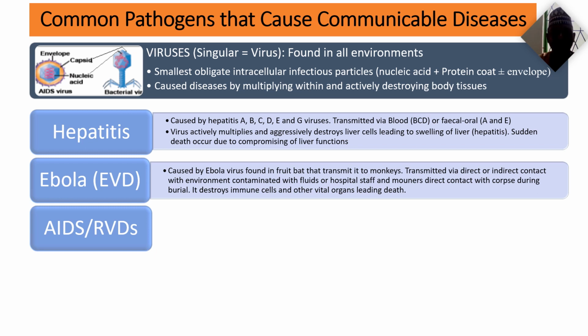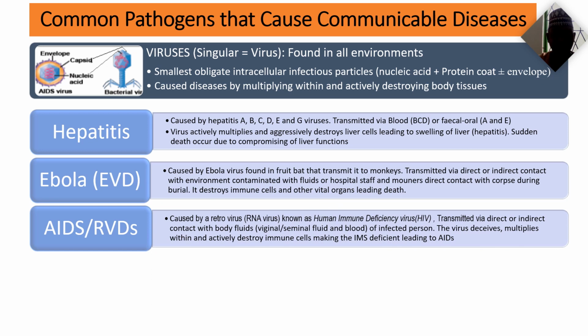The immune system has become deficient, and as a result, multiple syndromes occur in the body. That is why the disease is called acquired immune deficiency syndrome. This particular disease is generally caused by a retrovirus. That is why sometimes the disease is called retroviral disease, RVD.